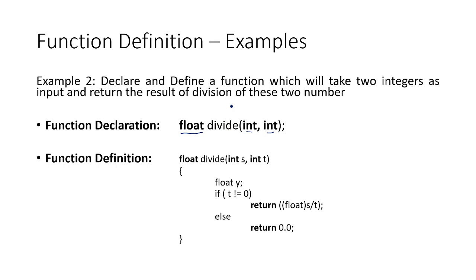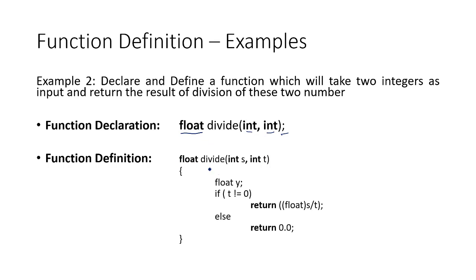The function declaration goes like this: the return type is float, the name is divide, and within the parentheses we are specifying the input argument types, and the function declaration ends with a semicolon. Now for the definition, the function header should match the declaration, and we need to specify the formal arguments.